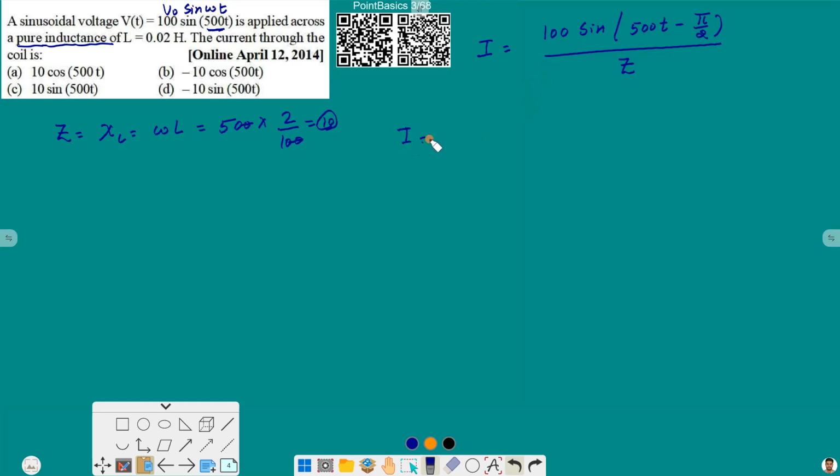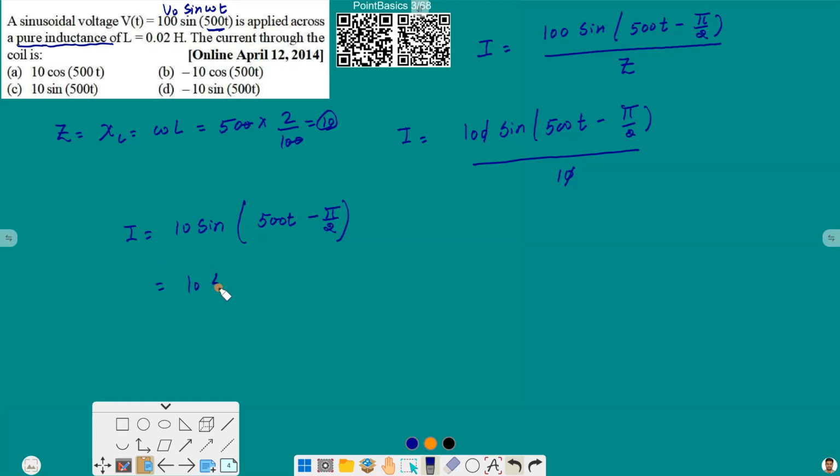So I will be 100 sin(500t minus pi by 2) divided by 10. The 10 and 100 get cancelled, so it comes out to be 10 sin(500t minus pi by 2). Now we know that sin(90 minus theta) is cos theta. We take the negative common, and sine of negative theta is equal to negative sine theta.